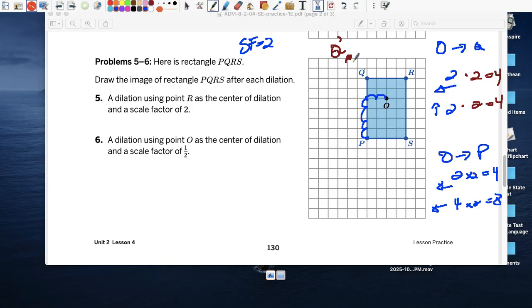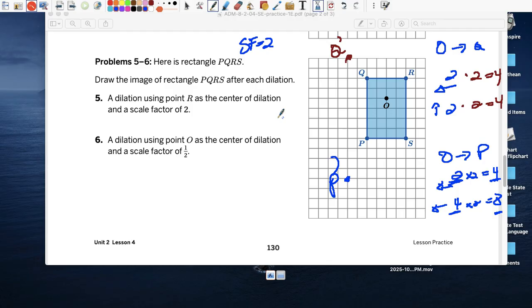So going to point P prime, we go 1, 2, 3, 4, then 1, 2, 3, 4, 5, 6, 7, 8. And there's our point P prime. Notice that the original distance gets doubled: originally you walked 2 to the left and 4 down, now you go 4 left and 8 down. So that's P prime.